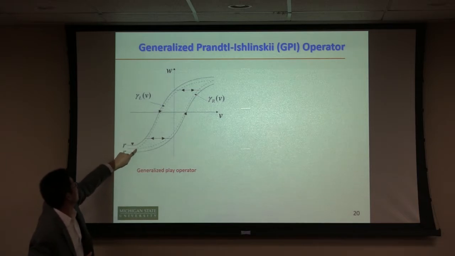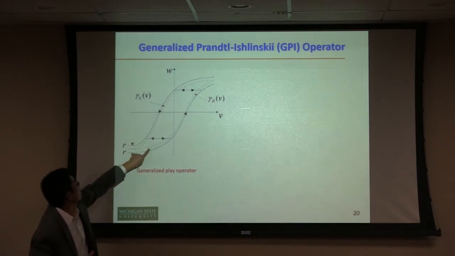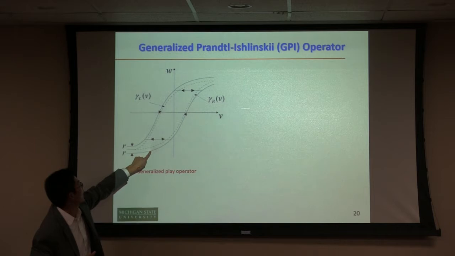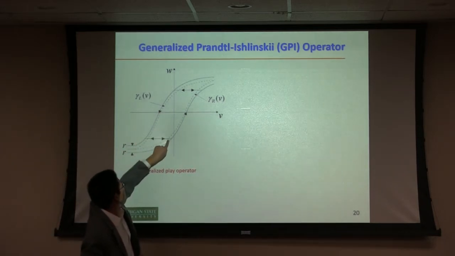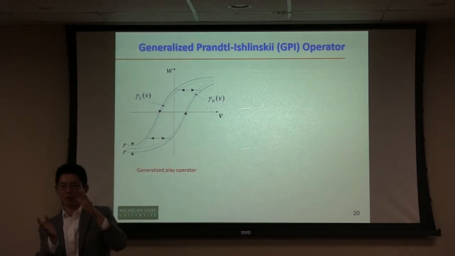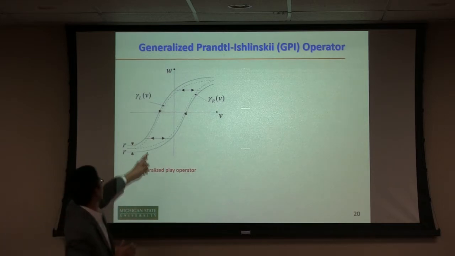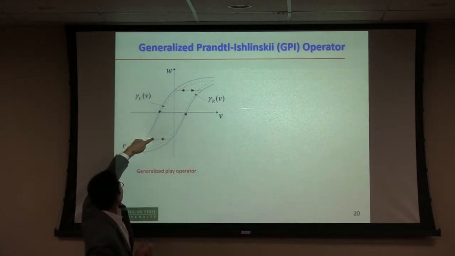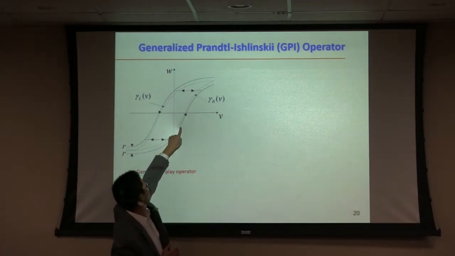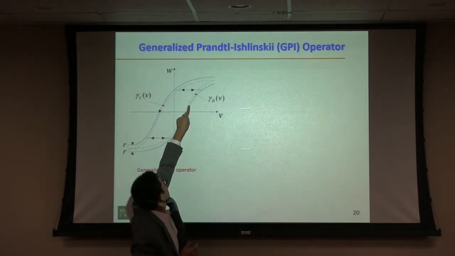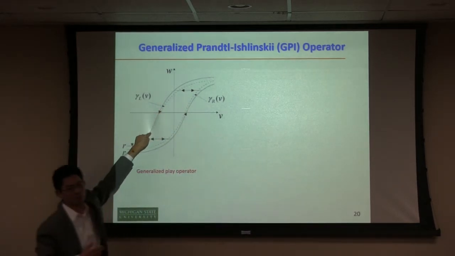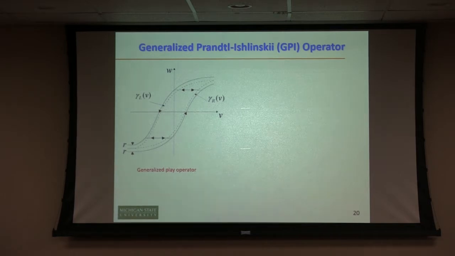You basically push this curve up by r, and push down this curve by r. Now if you look at these two envelopes, that determines the boundaries of your backlash movement. So for example, if you're here, and increase, you're going to get here, and you will climb up on this right curve until you reverse, and you'll come down on the left curve. And that way you complete a loop.